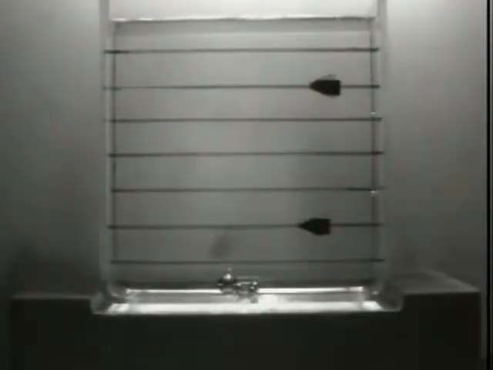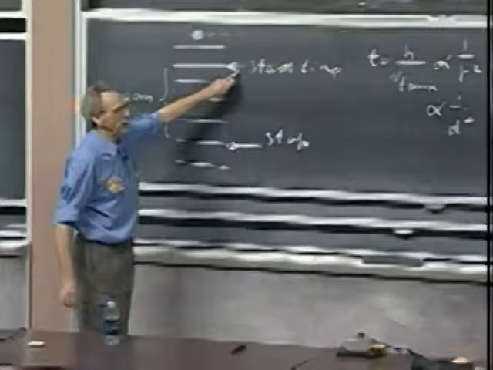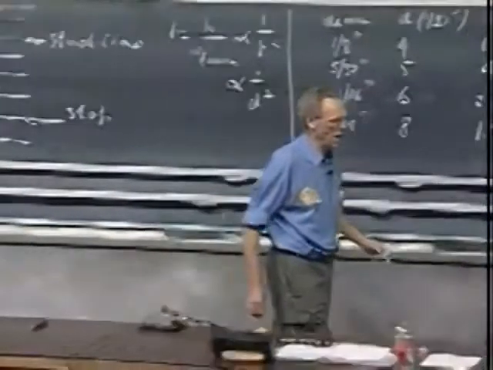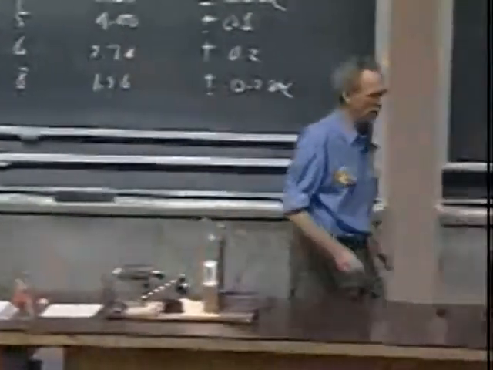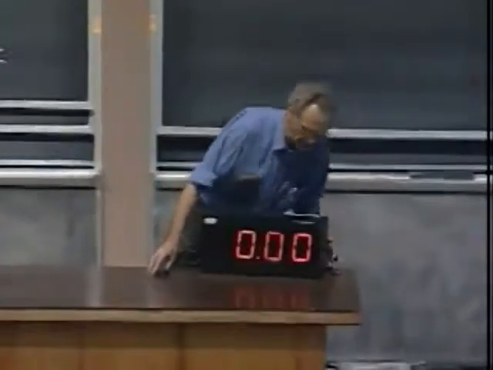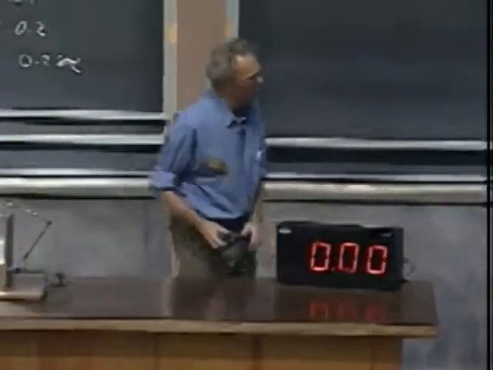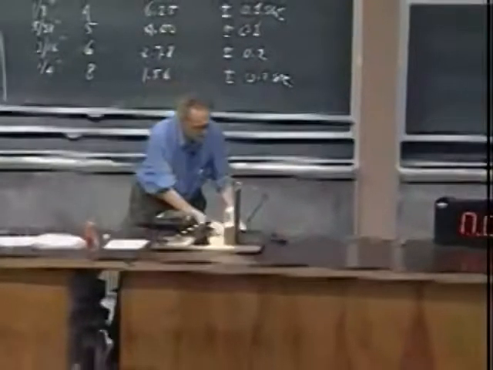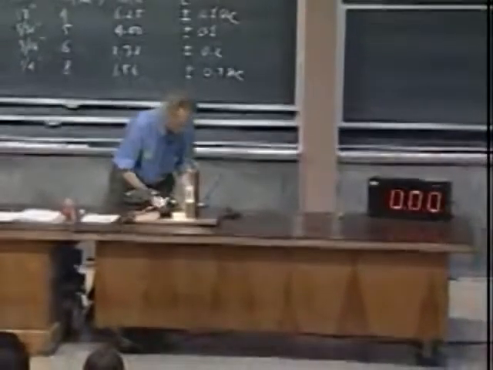You see there the 7 marks, and just for my own convenience, I have put there 2 black marks so that I can easily see the moment that I have to start my timer and the moment that I stop it. There are so many lines I may get confused if I don't do that. And we're going to time this together, and we'll see how long it takes for these objects to go through.